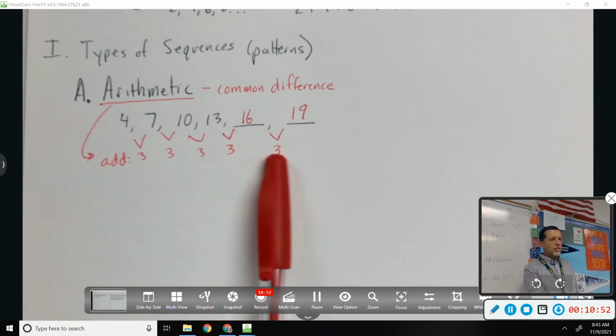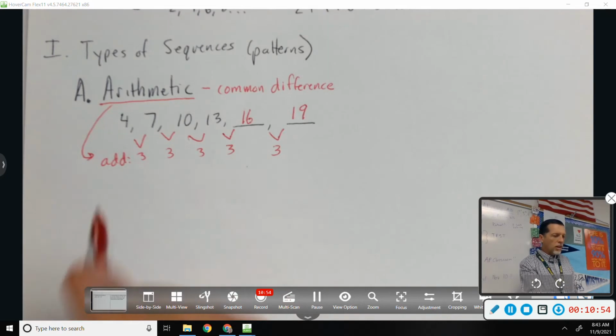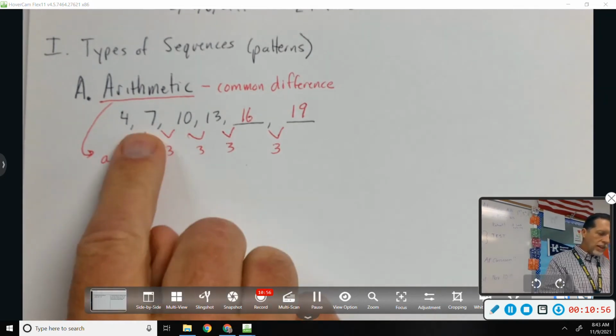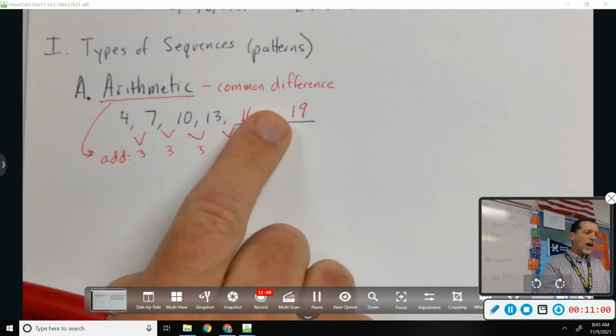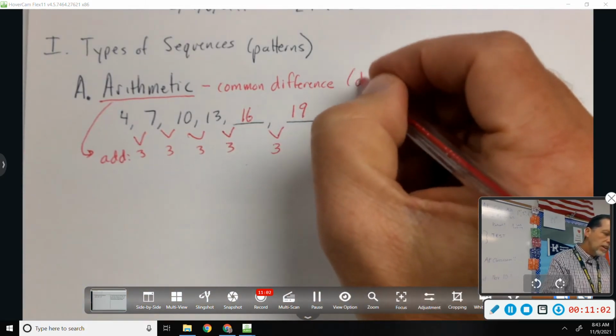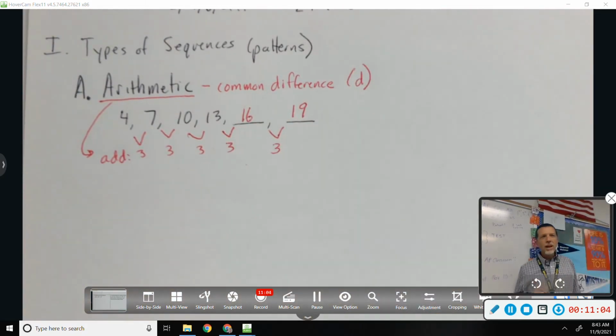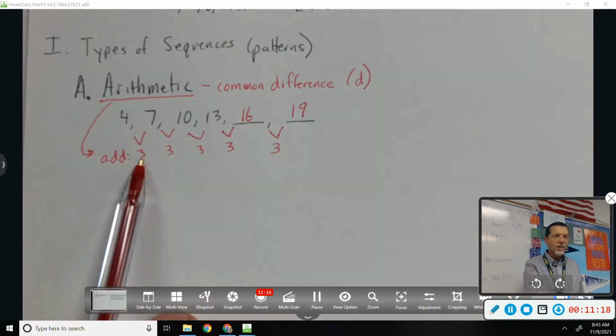We're adding 3 each time, but the difference between any adjacent set of terms is 3. So there's a common difference. We're jumping a little bit ahead, but this will make Tuesday a little easier. That common difference, we use the variable d for difference. D for distance. You could think of it as the distance, because the distance between 4 and 7 is 3.